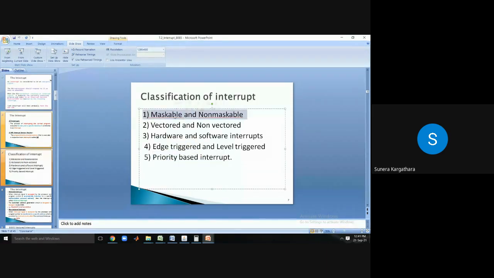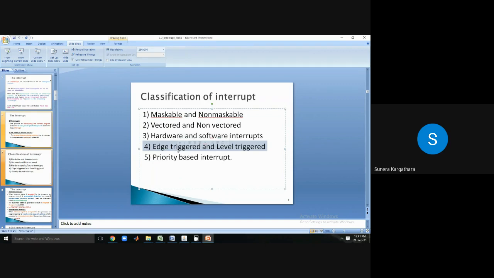Here we discussed that we are considering the non-maskable interrupt, so it has the highest priority, and that interrupt is TRAP. The lowest priority interrupt is INTR. The priority order will be TRAP, RST 7.5, RST 6.5, RST 5.5, and INTR. Edge trigger and level trigger are generally not that important for you because we are not actually interfacing.